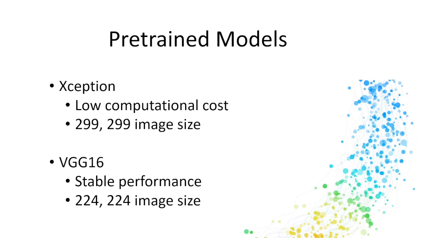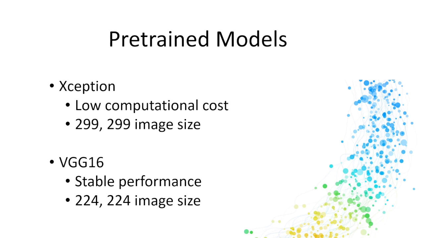VGG16, on the other hand, has a more straightforward architecture designed to consist of repeated smaller convolution filters followed by max pooling layers. This model offers stable performance for various data sets and tasks. However, it does have a high computational cost and memory usage due to its deeper architecture.